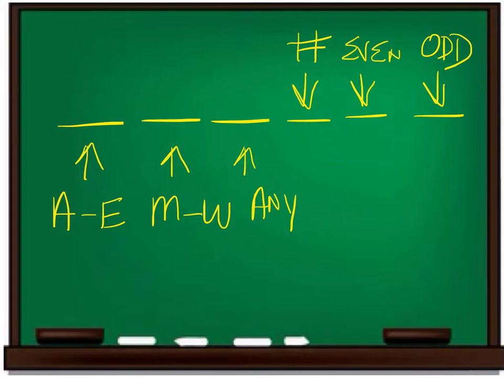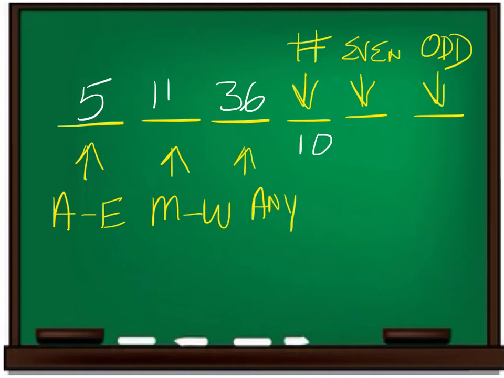The solution for this practice problem: A through E is how many letters? 5. And what about M through W? 11. Anything, 36. And for a number, even, 0 is an even number, so it's 0, 2, 4, 6, 8.